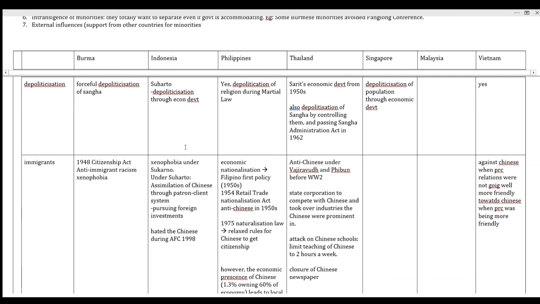And in Indonesia we have the depoliticization through economic development. In Philippines we have depoliticization of religion during the martial law. In Thailand we have economic development and depoliticization of their Sangha. And Singapore we have economic development. Malaysia, I don't know what's going on.